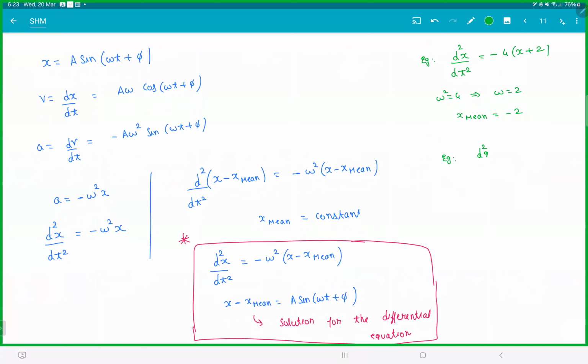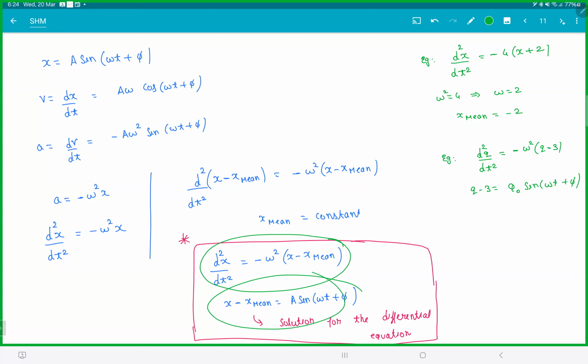Suppose you have d square q by dt square is equal to minus omega square into (q minus 3). Then you can write q minus 3 is equal to some charge Q naught into sine(omega t plus phi). So just remember that. So this is a differential equation.